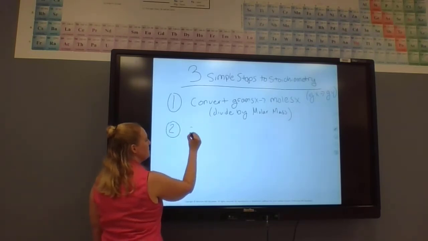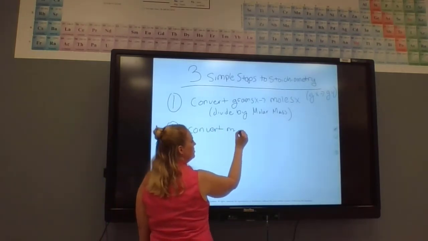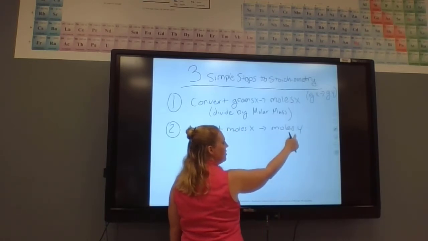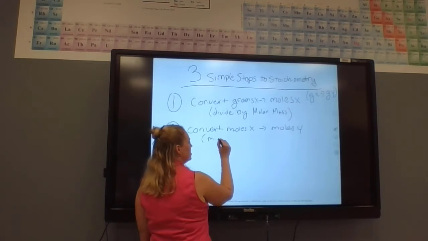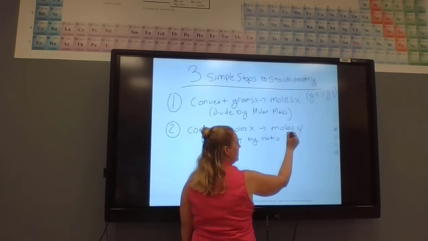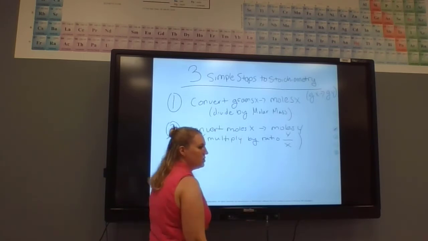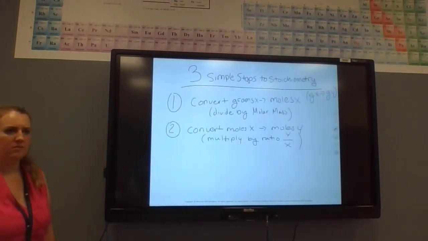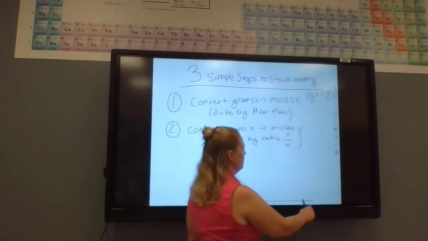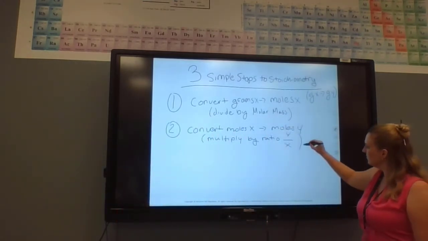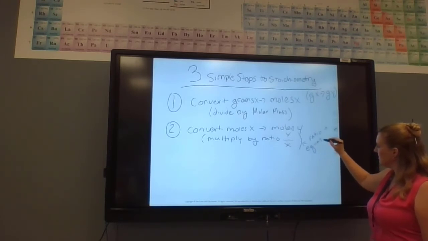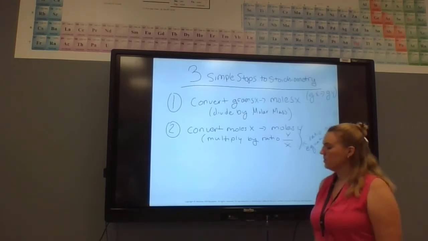Step 2 is to convert from moles of X to moles of Y, whatever you started with to whatever you're being asked for, and you do that by multiplying by the molar ratio, Y over X, where that is from the balanced equation. 1 to 1, 1 to 2, 2 over 1, whatever those ratios are from the balanced equation.